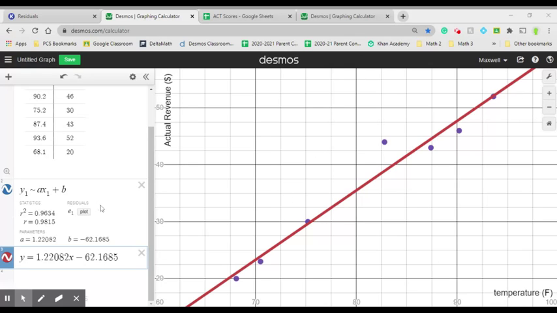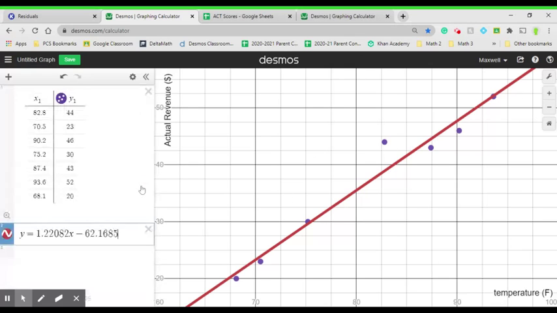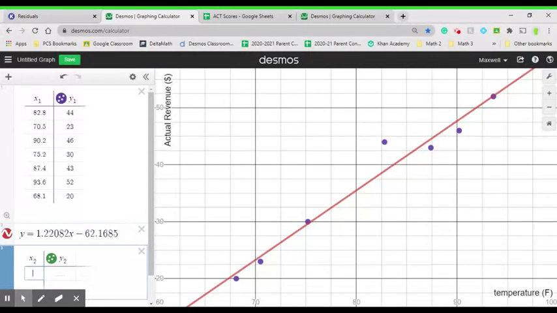So we have that now plotted on our graph here in Desmos. So we can get rid of our regression, and we basically just have our table here. So what we're going to do is make a table that uses these x values using Desmos and have them plug all of these x values into our equation here. So that's what we're going to do next. So we're going to insert a table.